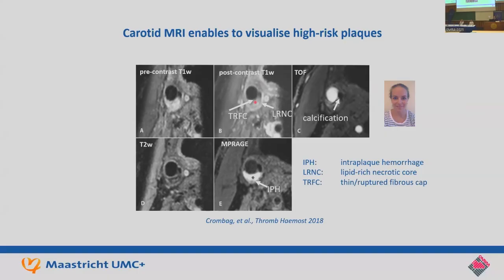If you see no continuous signal enhancement overlying the lipid core, this indicates that the fibrous cap is either thin or ruptured, because fibrous tissue typically strongly enhances after contrast injection. Calcifications can also be recognized because they are dark on all the MRI contrast weightings. And intraplaque hemorrhage, which contains methemoglobin, which has a very short T1 relaxation time, appears bright on dark blood heavily T1 weighted gradient echo images.